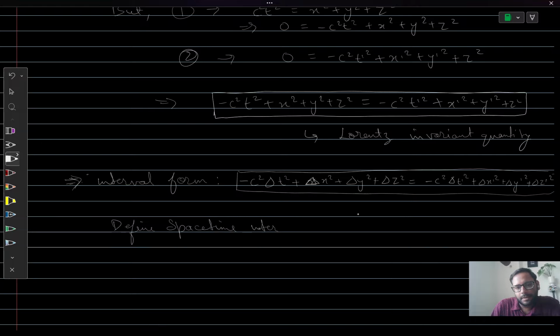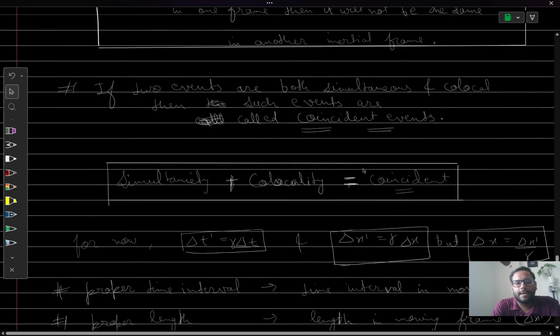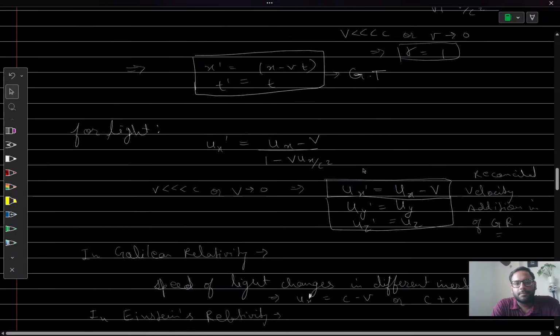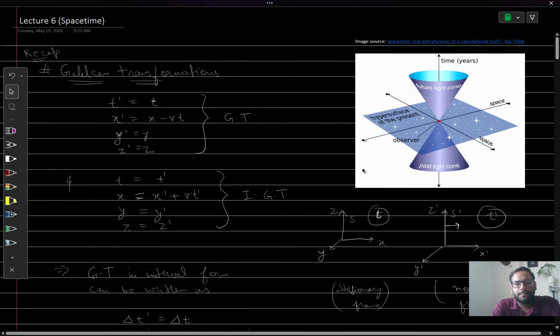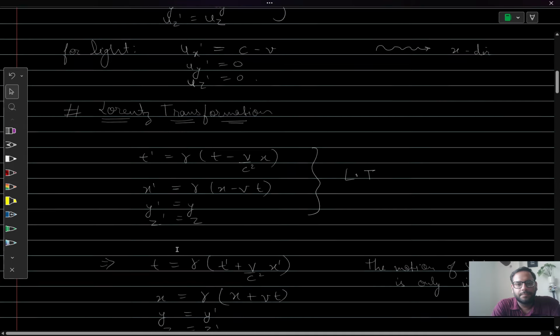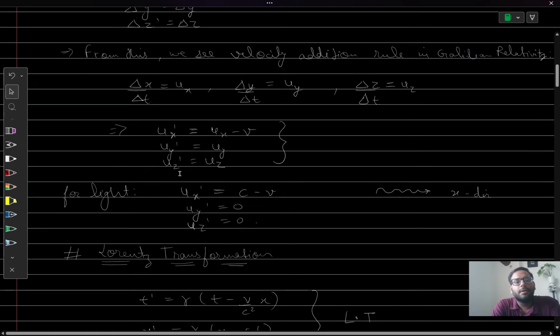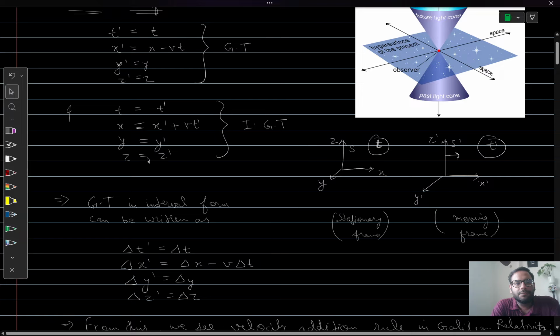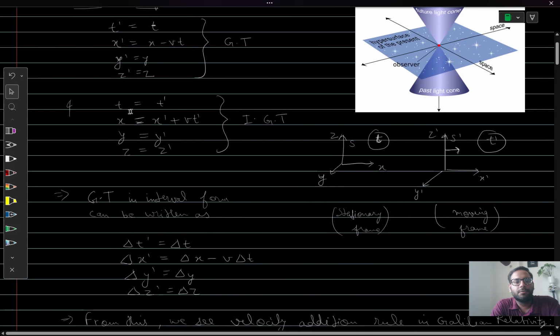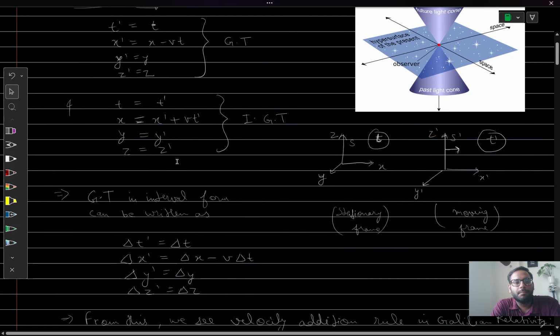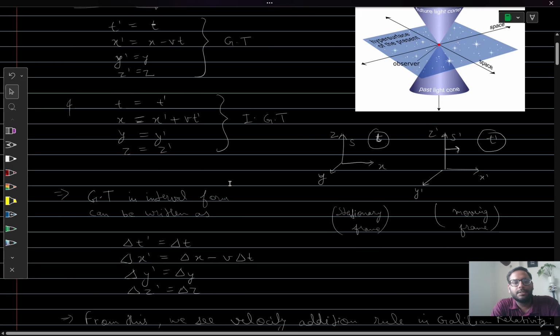Why are we calling it spacetime? It is simple. From the Lorentz equations you can see that in the Galilean transformation the t coordinate was independent of the x coordinate.